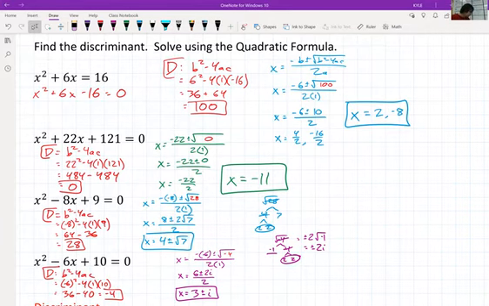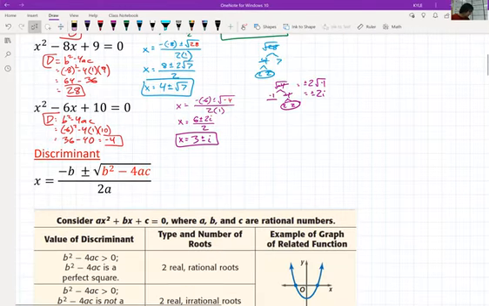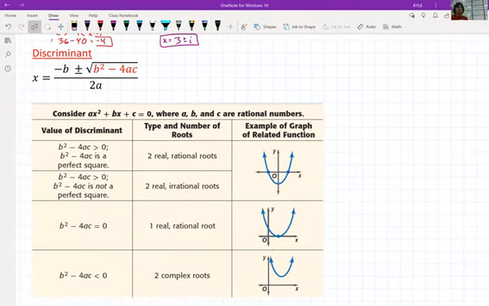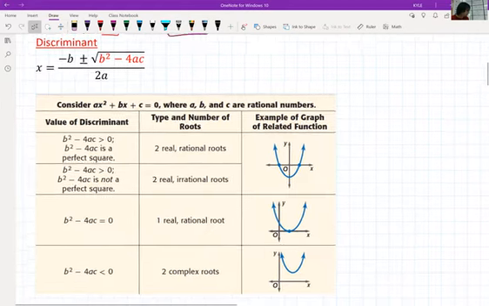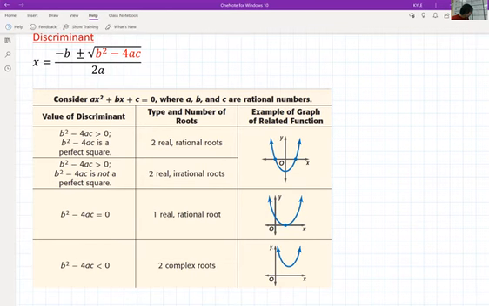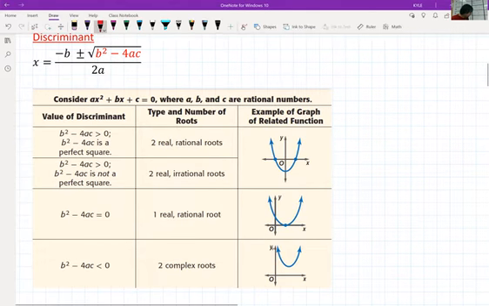But the other reason we really like to find the discriminant first is it tells us what kind of roots we have. And I want you to think about this. Don't just try to memorize the rules, but think about the discriminant being the part under the square root. So in our class, we're going to group these first 2 rows together.